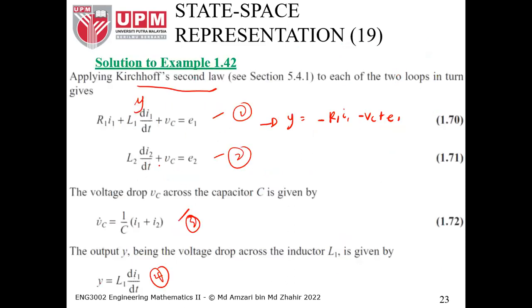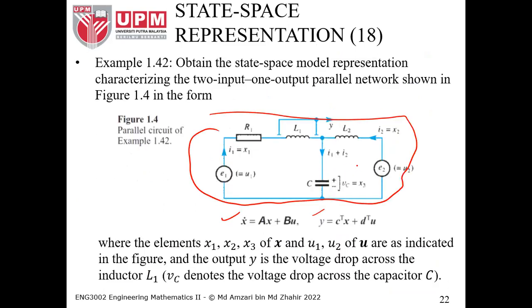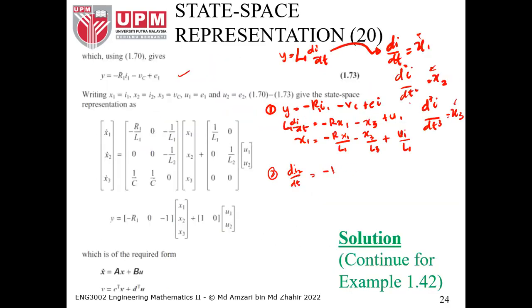Put everything on one side, it will be negative Vc plus E2, divided by L2. So this one can be simplified: Vc will be x3, so negative x3 over L2 plus u2 over L2. So this is equation number 2.